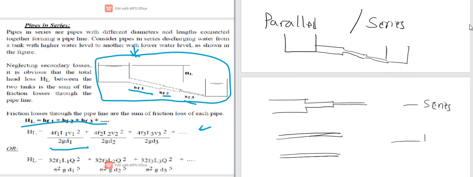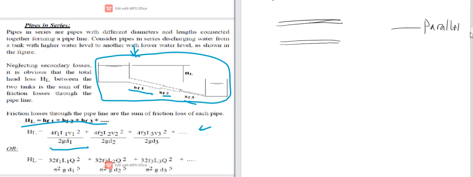So this is parallel. So basically, if you have two tanks connected in parallel, you will have them somewhat like this. This is a pipe and this is another pipe. These are two pipes connected in parallel.